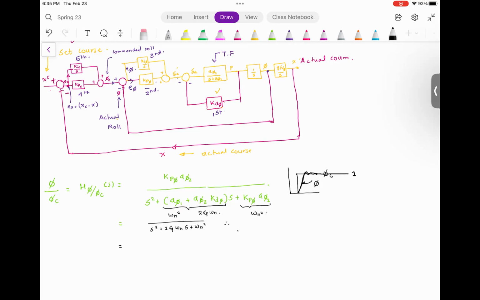Okay. And then the next question is, how do you decide what is the practical value? If you plug this equation into MATLAB, MATLAB has a fantastic gain tuner. MATLAB will give you certain values. But how do you know if those values can be implemented on the airframe? Because remember, your airframe actuators saturate.